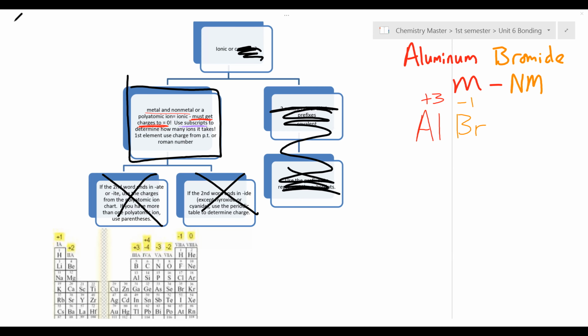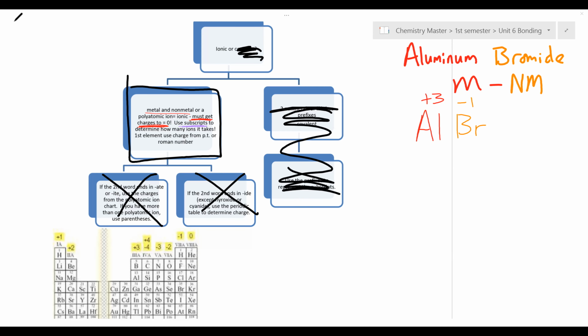That's going to come out to +2. I need them to come out to 0. So I can either add some more aluminums that have a +3 charge, or I can add some more bromines that have a -1 charge. What do you guys think we need to do in order to get it to a 0 charge?